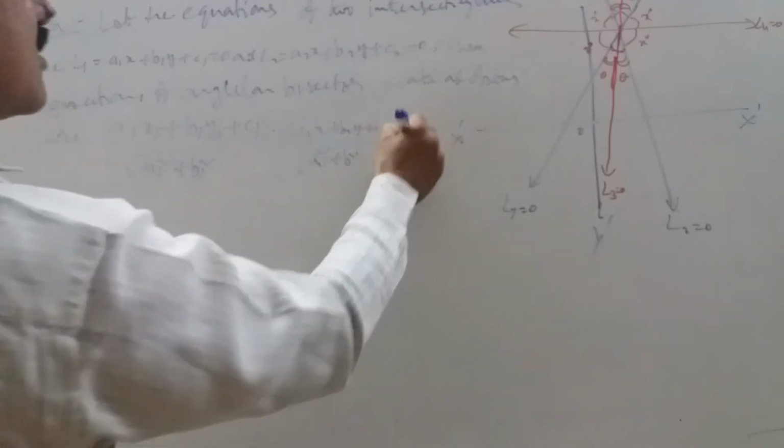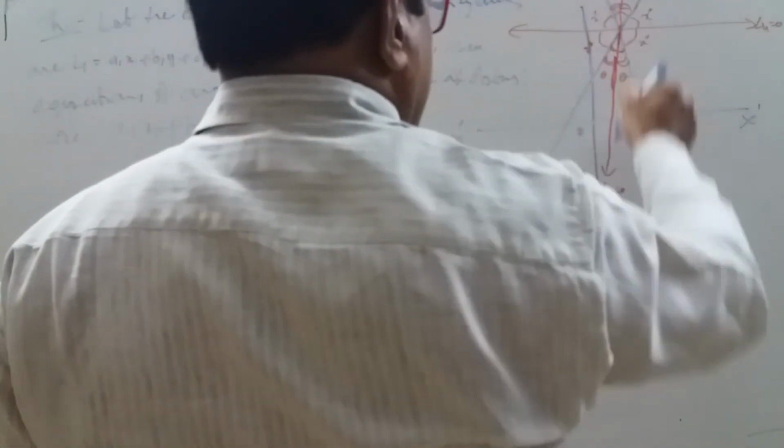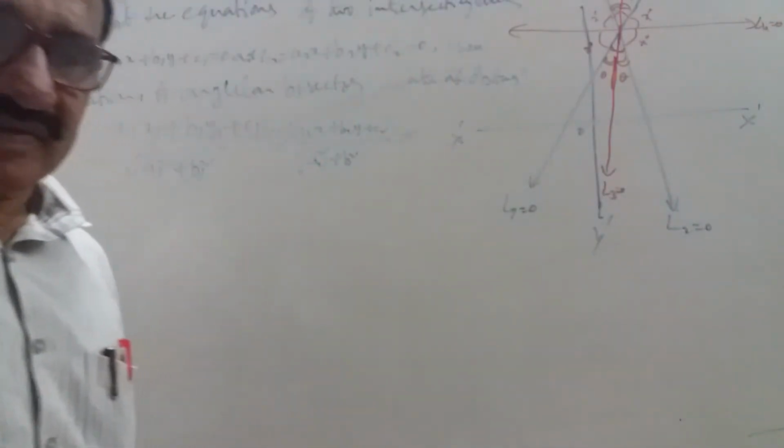By taking plus one time and minus another time, these are the two intersecting lines which are the angular bisectors. So we have to prove this very easily.